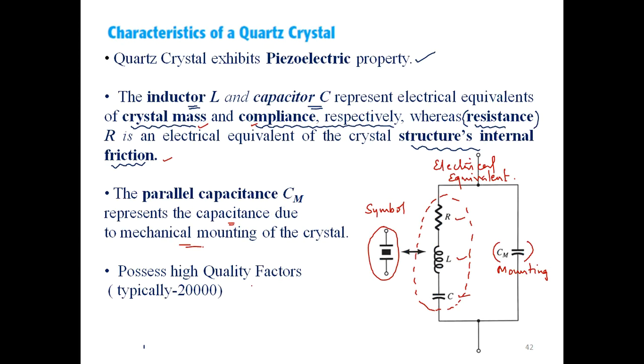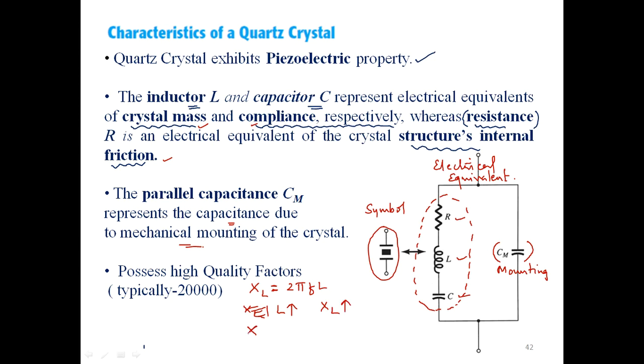There is something called inductive reactance, XL. Inductive reactance is associated with the inductor, and it is given as 2 pi FL. So as L increases, the associated inductive reactance also increases.